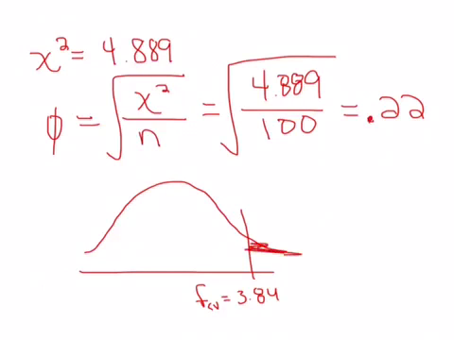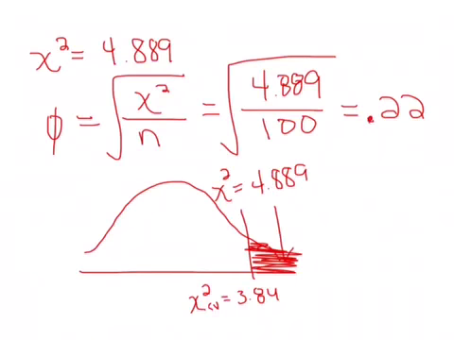So anything that falls beyond is significant. 4.889 would fall somewhere over here. So it is significant. And I just put F critical value, and because I'm still thinking of ANOVA, that's a mistake. It's the chi-square critical value, and this is our chi-square obtained value. So now we know we have a significant test with a phi coefficient of 0.22, looking at the relationship between number of siblings and personality.